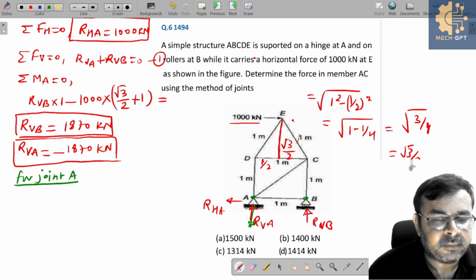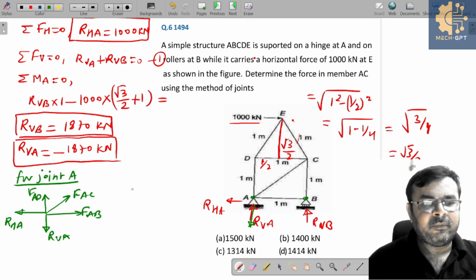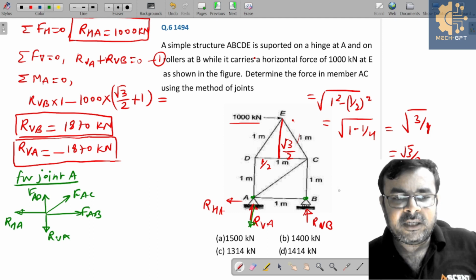For joint A you have RHA, you have RVA, this is inclined, and this is FAD, this is FAC, and similarly here we have FAB. First you need to find out FAB, because we have three unknowns, so we cannot solve.